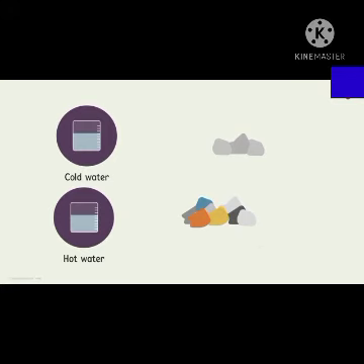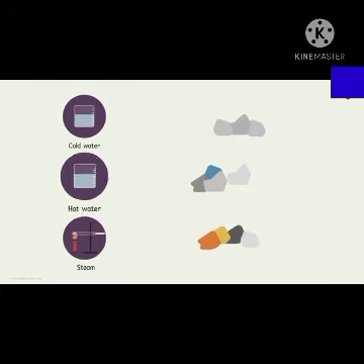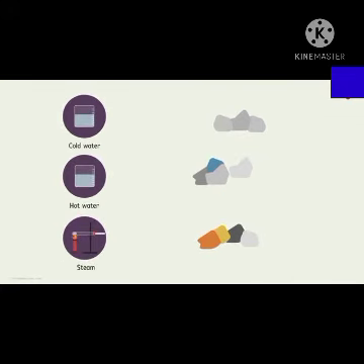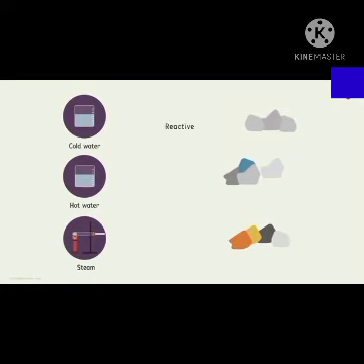Again, some will react with hot water and some won't. Those which won't react with hot water, we will see how they react with steam, and that will give us a kind of reactivity. Ones which react easily with cold water are more reactive, and the ones which require steam are less reactive.